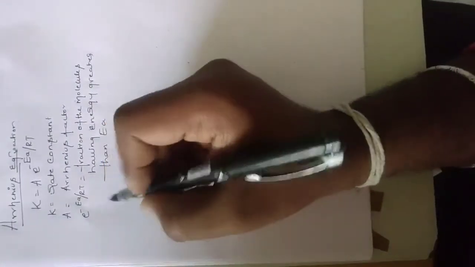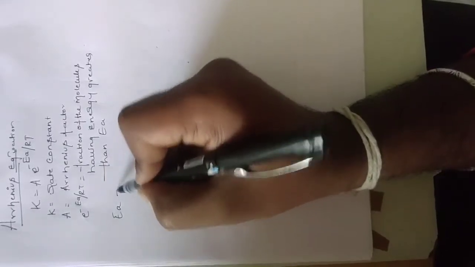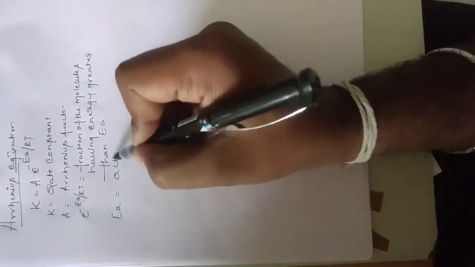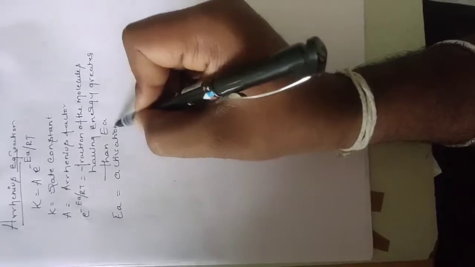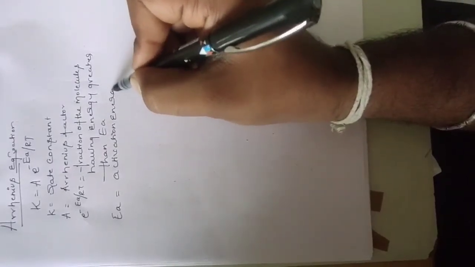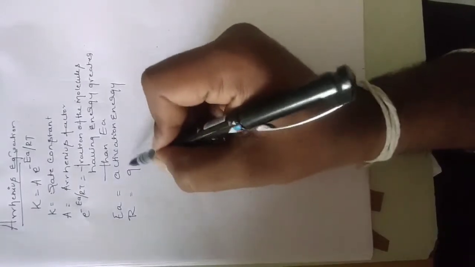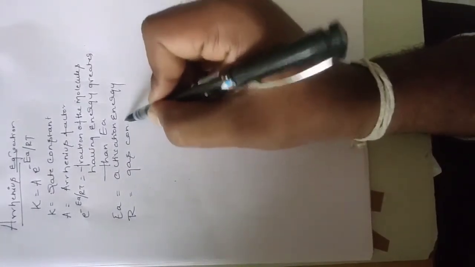What is EA? EA is the activation energy, and R is the gas constant.